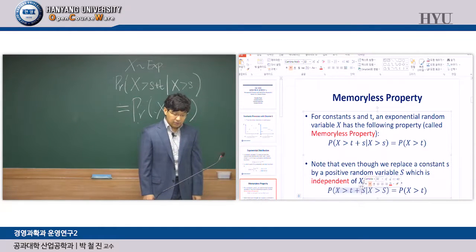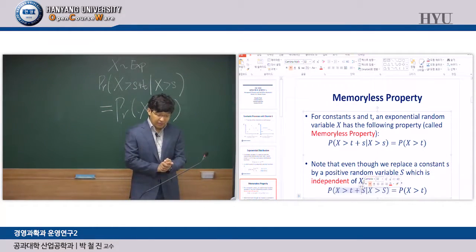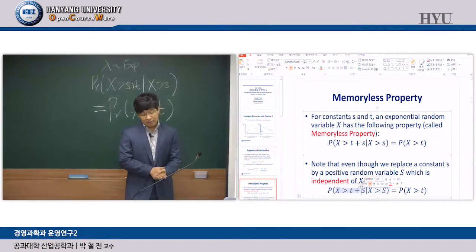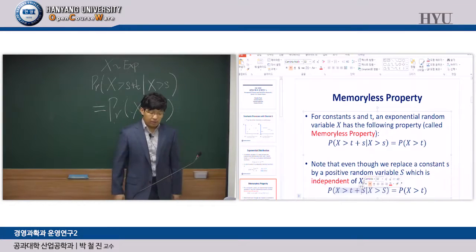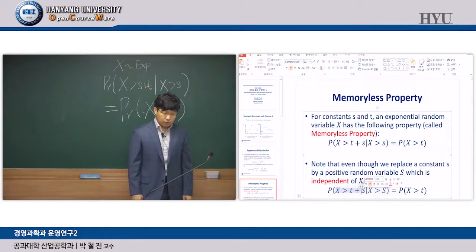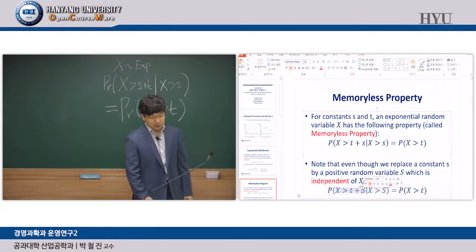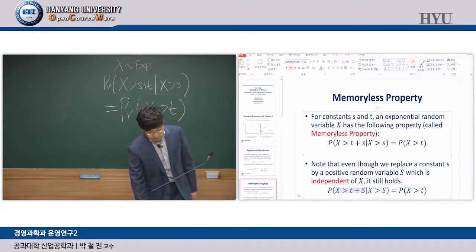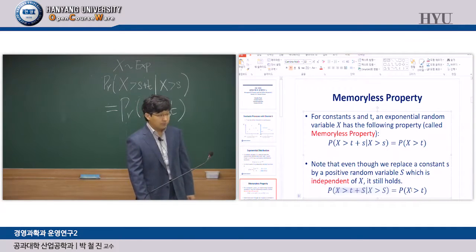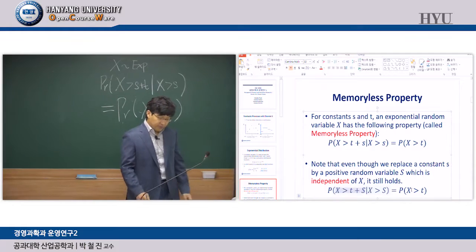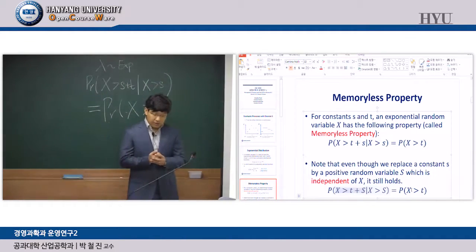As long as this random variable large S is independent of large X, we can apply the same rule, the memoryless property. So this probability is the same as the probability that large X is greater than t. But unless large S is independent of large X, we cannot guarantee this result.